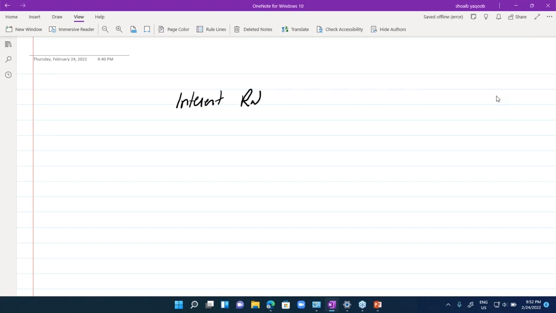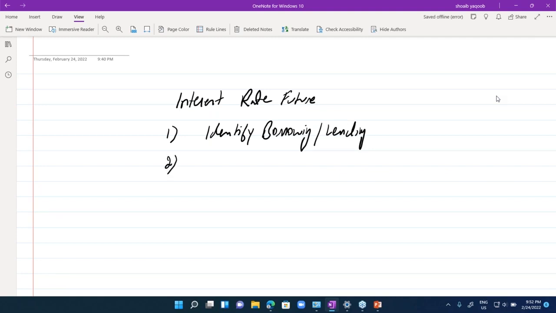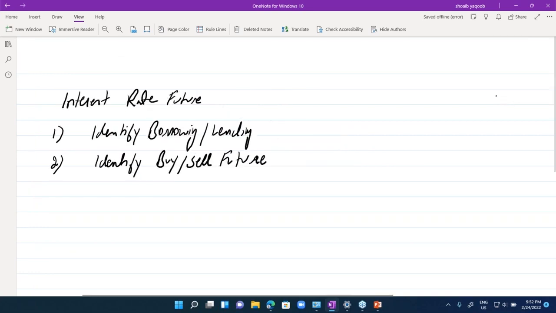Interest rate future. Step one: identify borrowing or lending. Step two: identify buy or sell future. It's very easy. If you want to pay interest, sell future. If you want to receive interest, buy future.